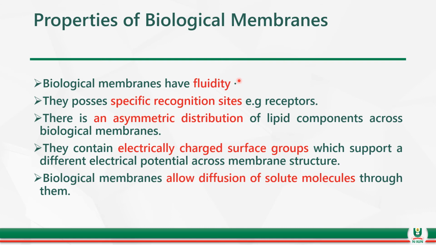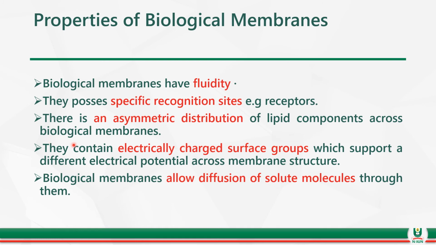They also say that in membranes, there is asymmetric distribution of lipid components across the membrane. What do we mean by this? That the lipid you see inside a membrane may not be the same lipid you will see outside the membrane. They have different types of lipids and they are not arranged in an orderly manner. That's why I said they have asymmetric distribution of lipids across the membrane.